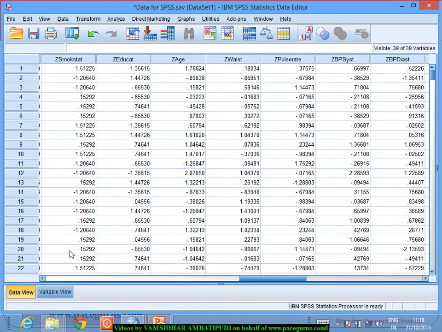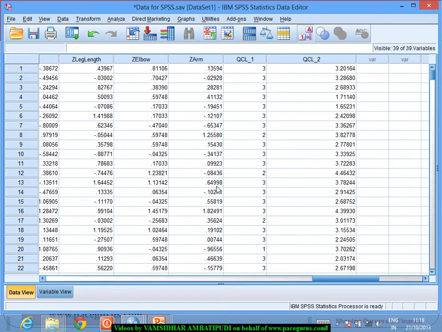You come back to your data, you see that the cluster membership for each one of the cases is saved. Along with that, the distance of each of the records from the cluster center is clearly identified.